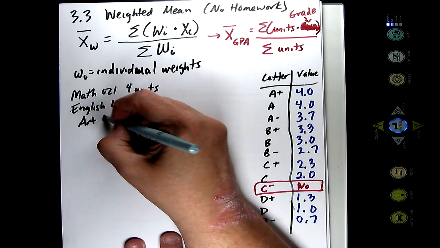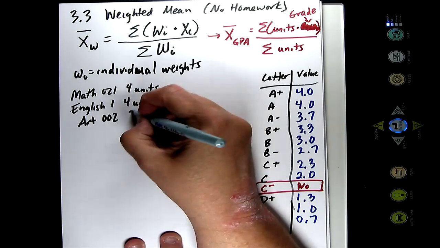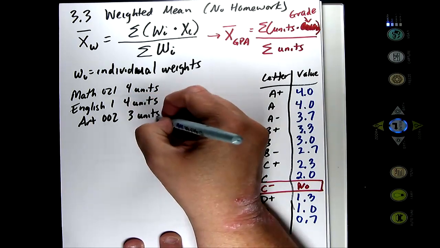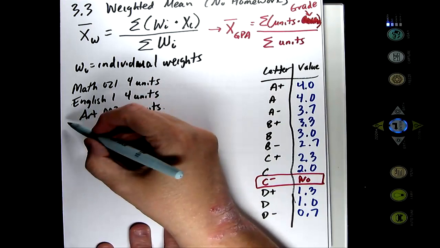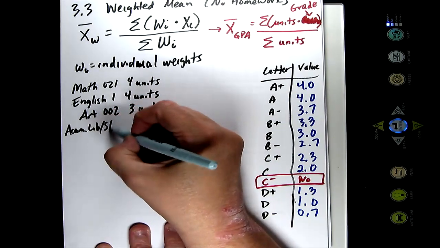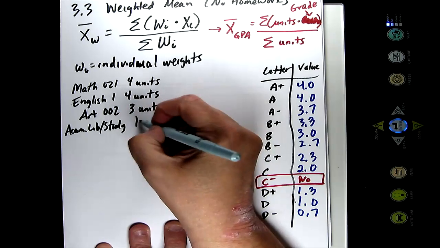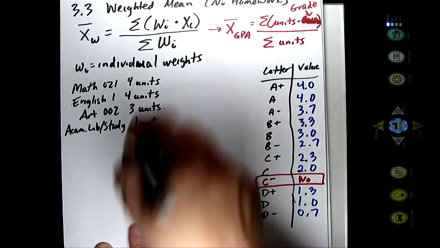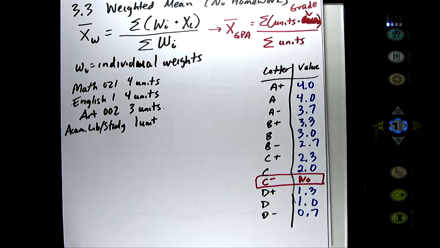I don't know, maybe Art 02. But art classes are only 3 units. And then there's like an academic library study one. It's only 1 unit. It's like how to study better, how to use the library, how to do stuff like that. It doesn't take 3 hours a week. It's a 1 hour a week course.